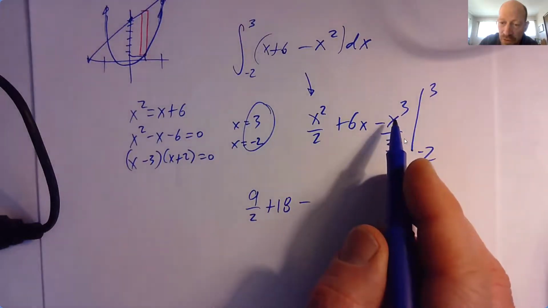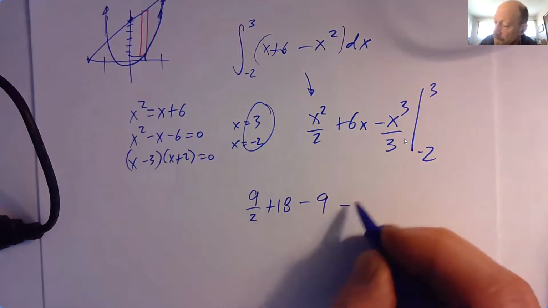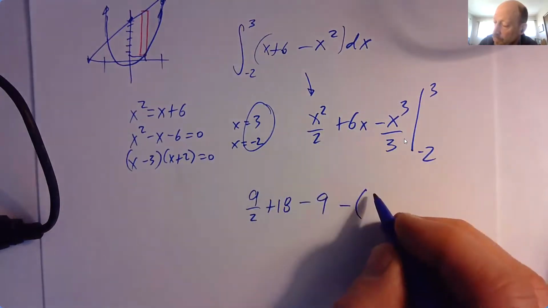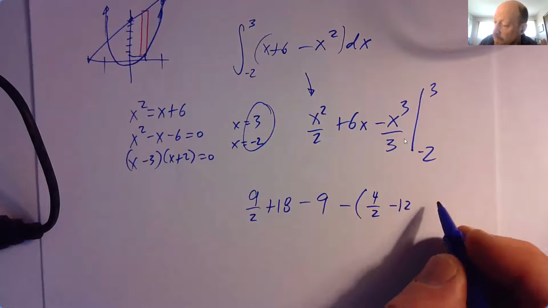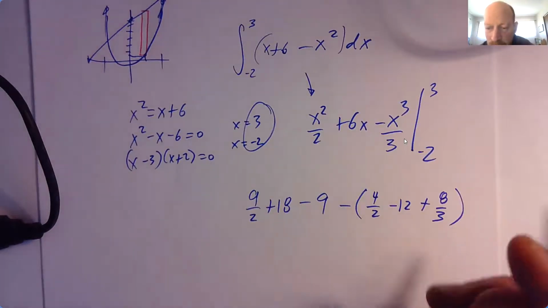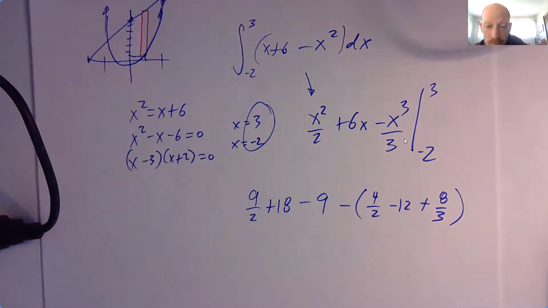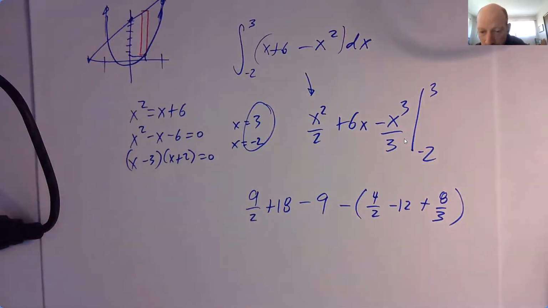It's 27 divided by 3 is 9. I put in -2, I get 4/2 minus 12 plus 8/3. If I add all of that together, I'll get my answer. So we can do that.